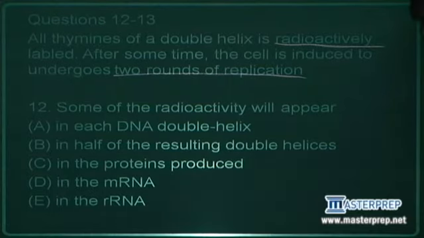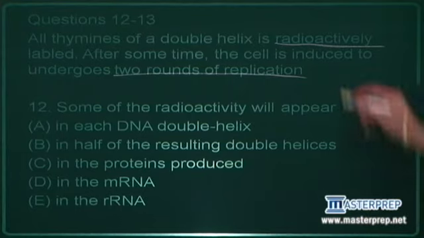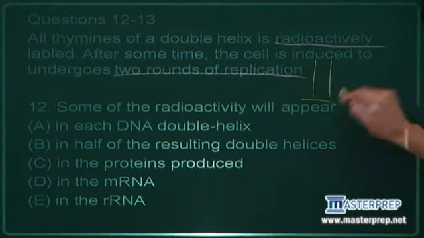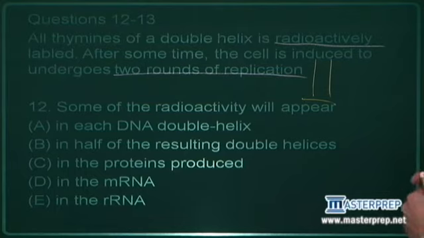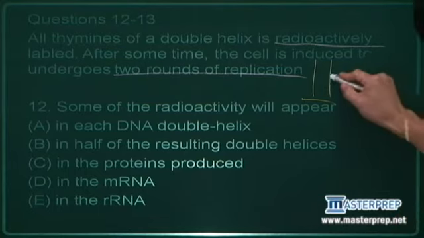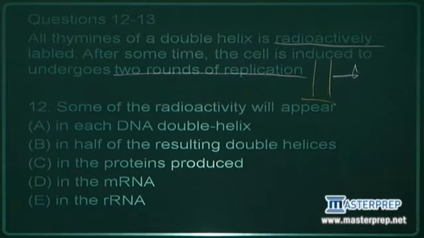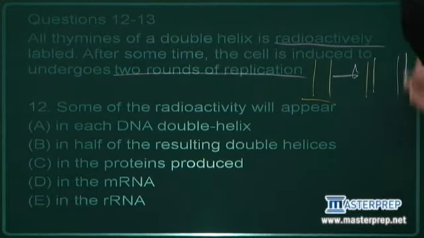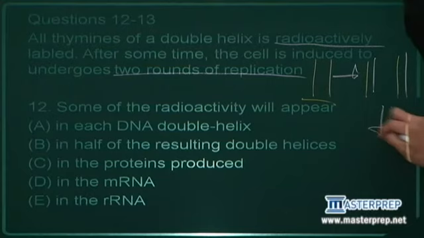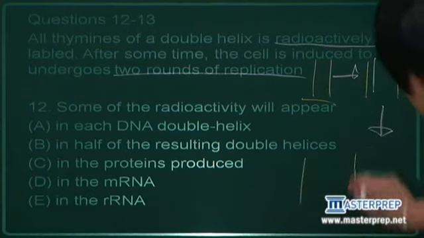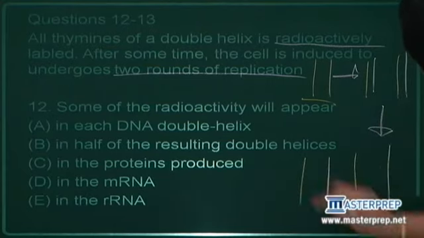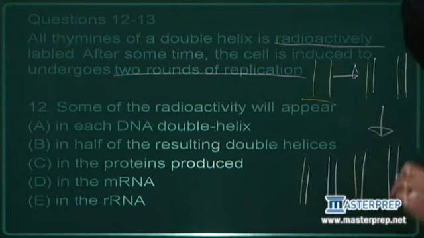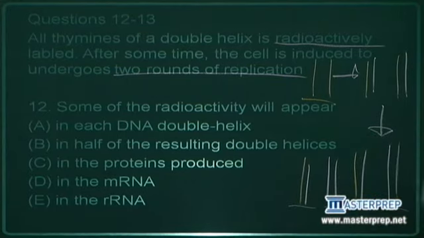So I'm going to draw this double helix in yellow if it's radioactively labeled, and after one round of replication, it becomes like this, and after the second round, it becomes like this. 1, 2, 3, 4.